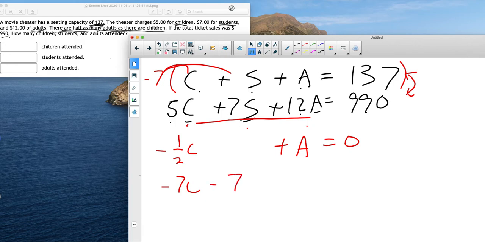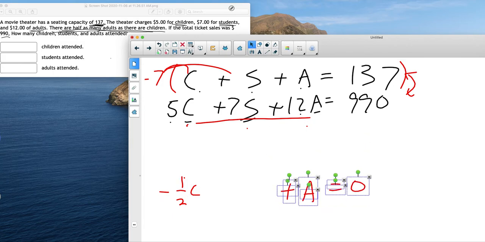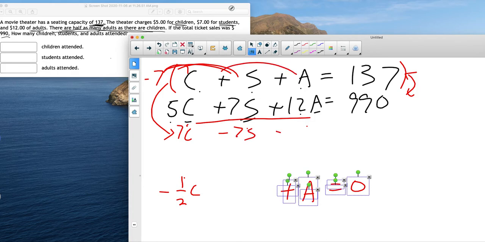You know what? I'm going to bring this down so I've got room to put this equation right here. So this would be -7C, -7S, -7A, and 137 times -7 is -959.